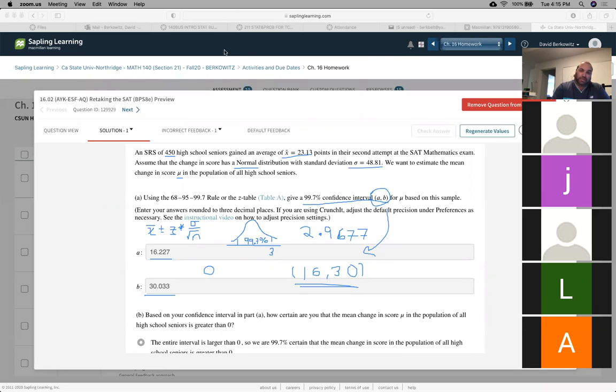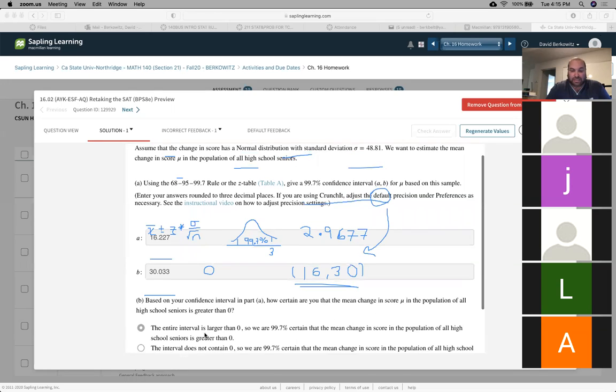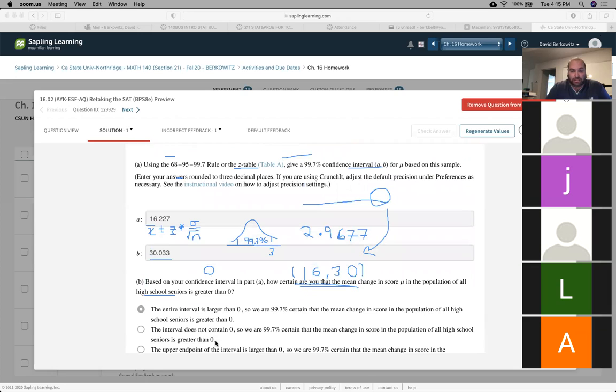So let's see what my options are. The entire interval is larger than 0, so we are 99.7% certain that the mean change in score is greater than 0. Seems good to me. The interval does not contain 0, so we're 99.7% certain that the mean change in score in the population of all high school seniors is greater than 0.